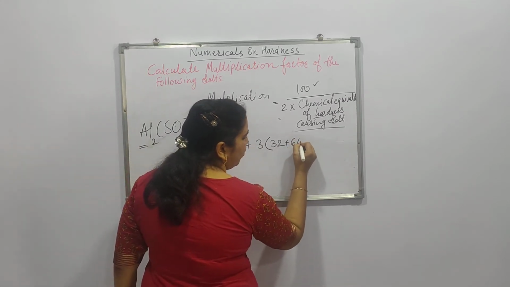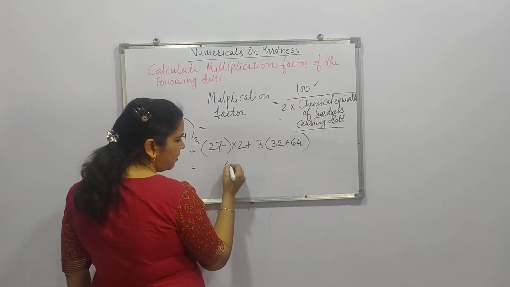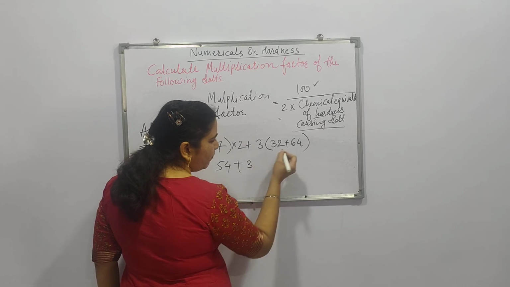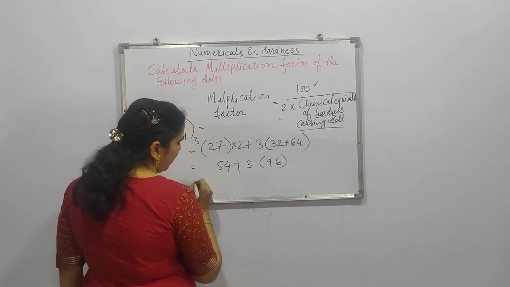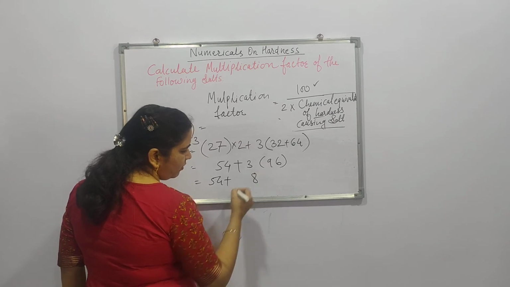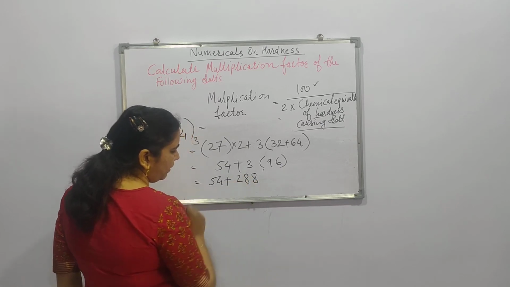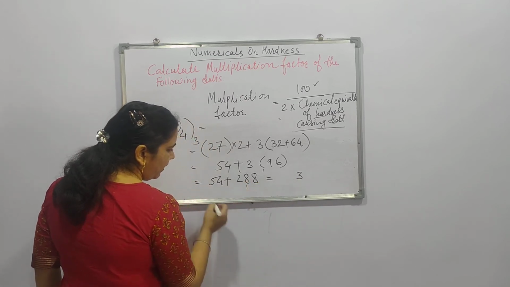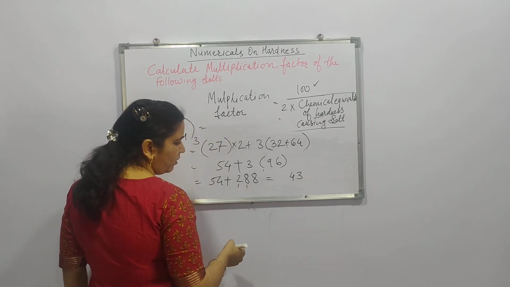So 27 into 2 plus 3 into (32 plus 64). Working out the multiplication step by step.